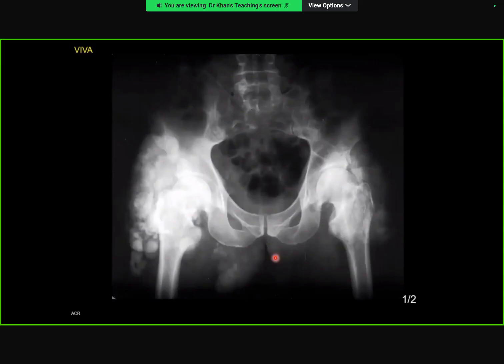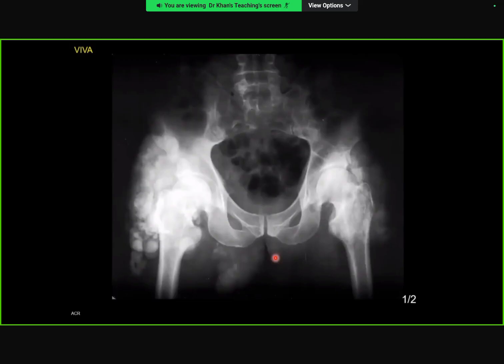So my differential diagnosis for these exuberant bilateral calcifications would include scleroderma. I would also include hyperparathyroidism. Tumoral calcinosis, less likely because it's bilateral and symmetrical. Myositis ossificans, but that is not, most of the time, bilaterally symmetrical.